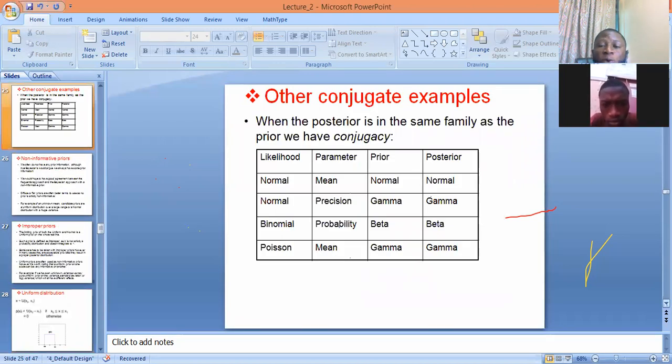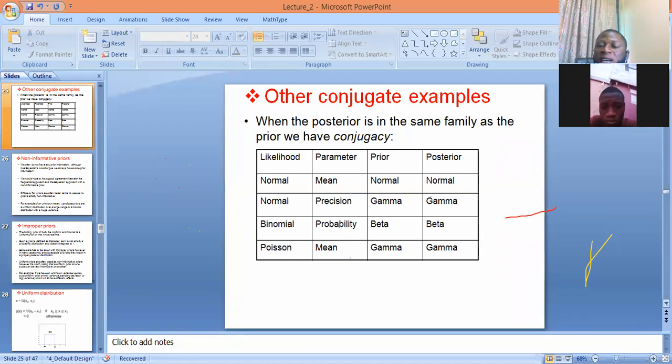So now we talk a little bit on prior distributions. How do you choose a prior distribution for a parameter? We have certain priors that we call conjugate priors. Conjugate priors are such that when you multiply them by the data likelihood, the final product gives us the same distribution as the prior.